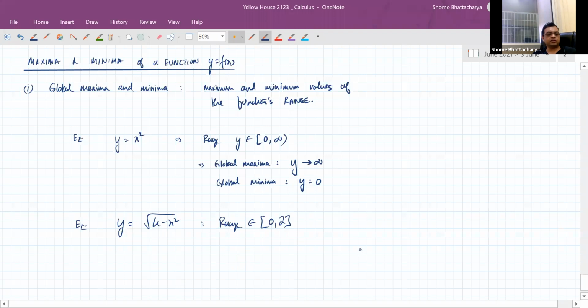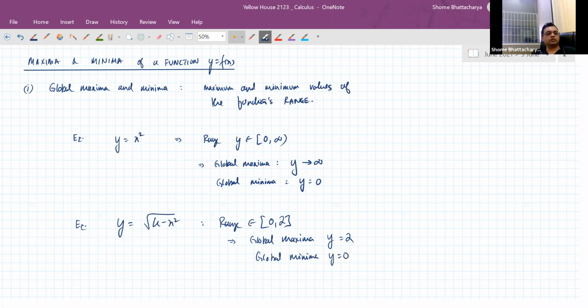So y never comes below 0. Okay, so we can see that the global maxima is 2 and the global minima is 0.